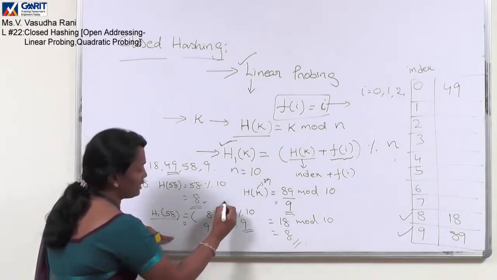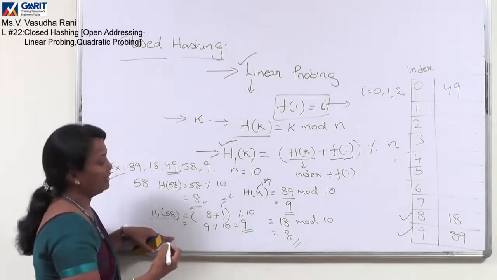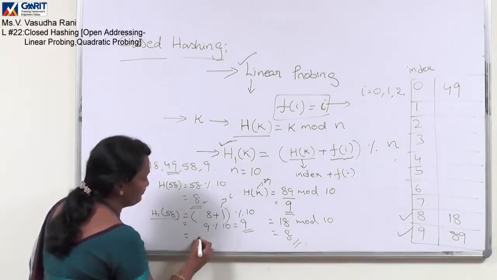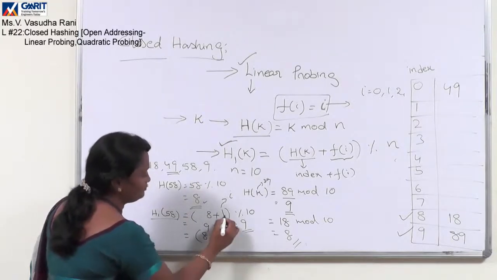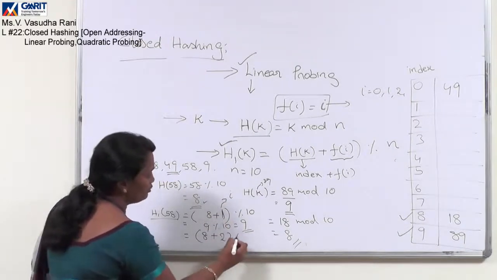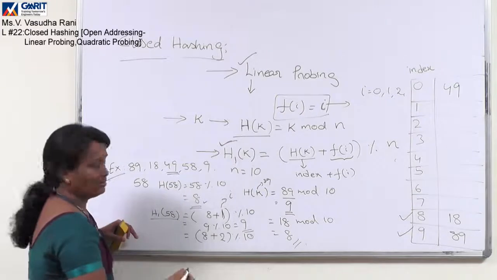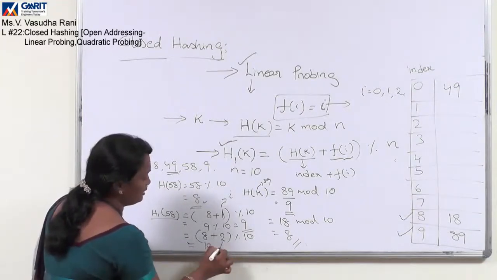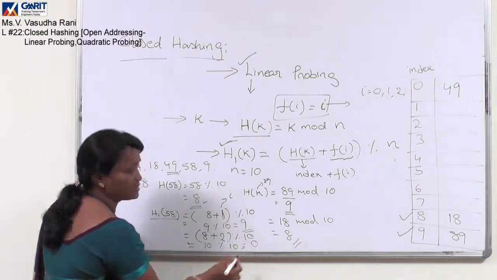So still we have to try for finding the next empty location. For that, we have to increase this i value to take the next value. So we get 8 plus 2 mod 10, so it is 10 mod 10, which is 0.